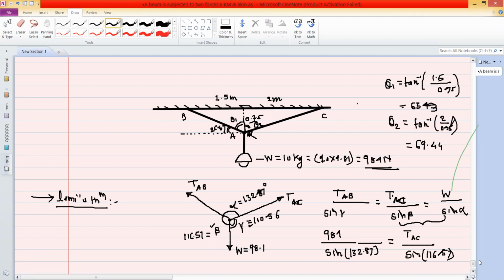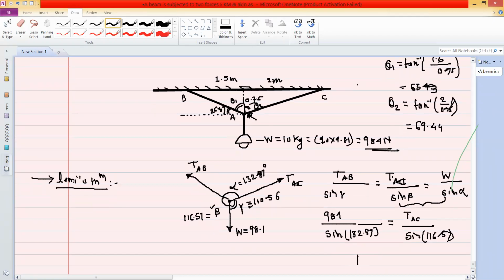So we can get the value of tension AC. So the tension AC is equal to 119.71.